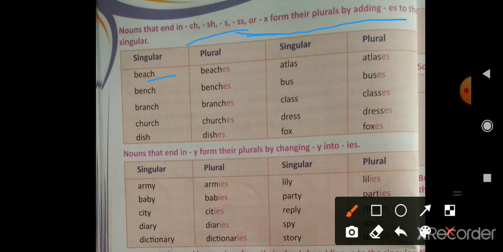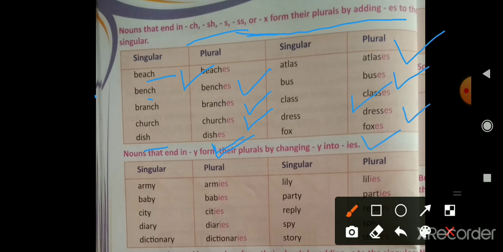So we will add only es to make it plural. Okay, next is benches. It also ends with ch, then branches, churches and dishes. As it ends with sh, we will add es at the end of dish. Next is atlases, then buses, classes, dresses and foxes.